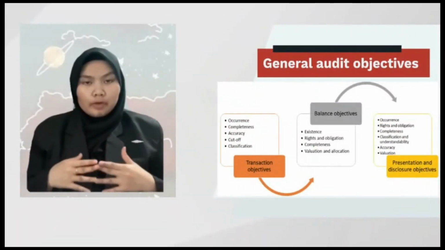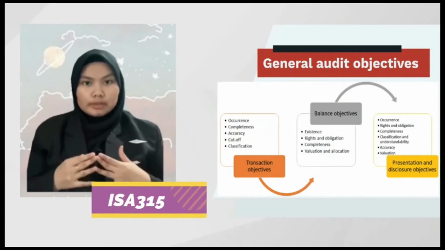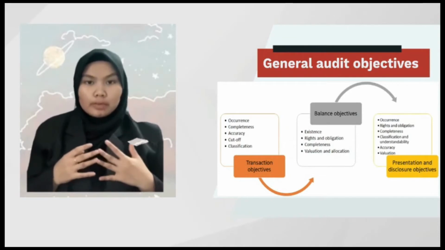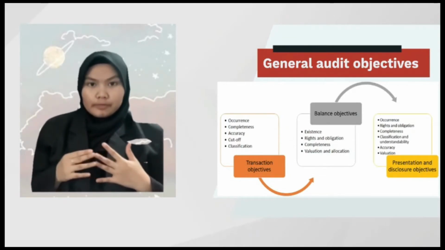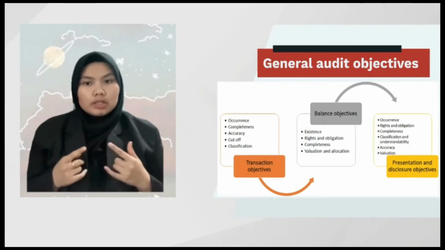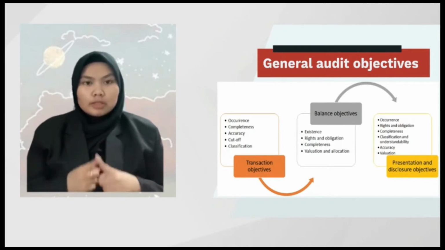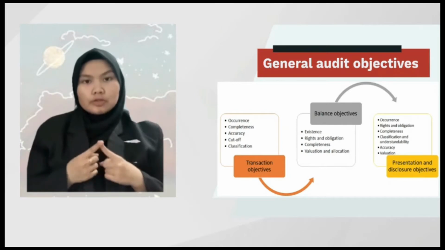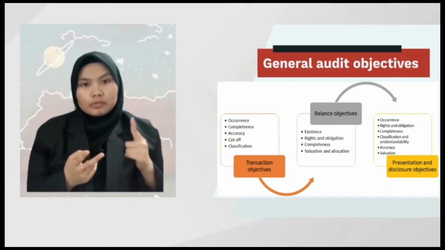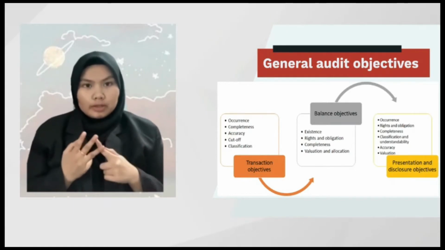ISA 315 highlights to the auditors how to assess the risk of material misstatements through understanding the business environment. In ISA 315, the general audit objectives have been classified into three categories: transaction objective, balances objective, and the presentation and disclosure objective.